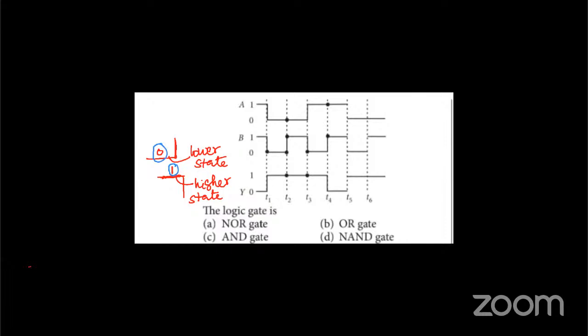Okay, so the values are provided. In the circuit we have to supply the combinations. So you have to substitute zeros and ones in this form.